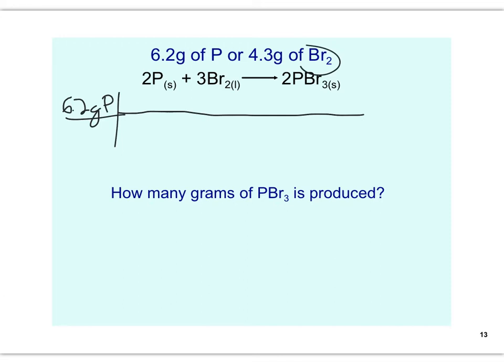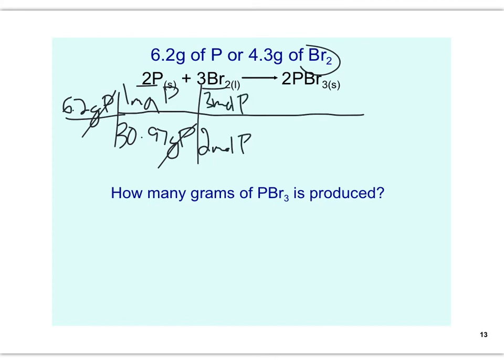So we can see that phosphorus has a molar mass of 30.97 grams, and that's per 1 mole of phosphorus. Grams of phosphorus are going to cancel out. Our ratio from phosphorus to bromine is 3:2. So therefore we have 2 moles of phosphorus per 3 moles of Br2. Moles of phosphorus are going to cancel out.